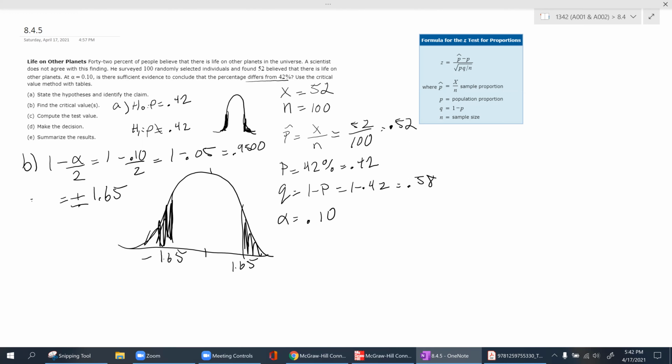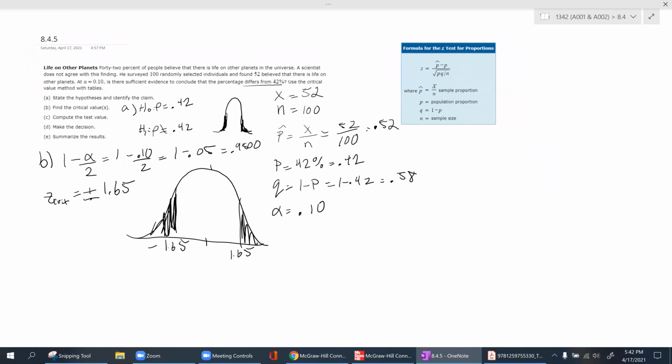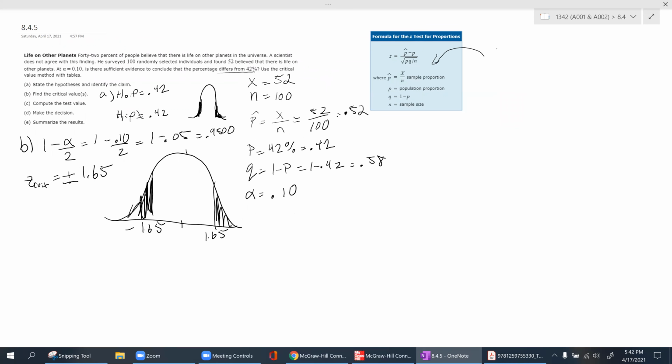Go ahead and call this Z crit, meaning this here is your Z observed. That's what I call it. I refer to it as my observed and my critical value. It's a method that helps me retain it. But if you want to keep using the z test value, go ahead. Whatever helps you get the grade you want.